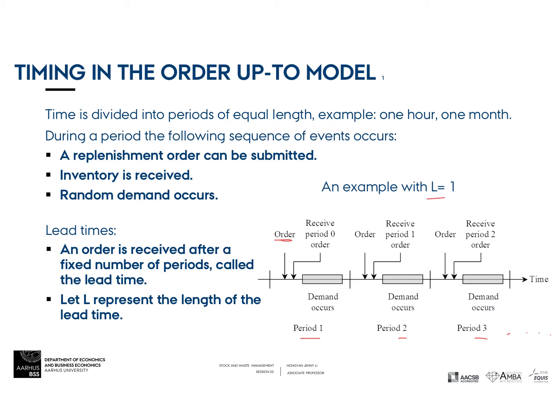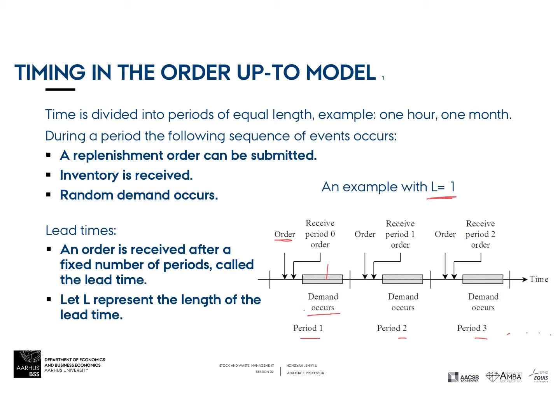In this example, we assume the lead time is 1 period, so in each period you will just get the order from the last period. Then there is also the outflow of the products, which is where the demand occurs. So there are inflow and outflow. This is the inventory replenishment process.